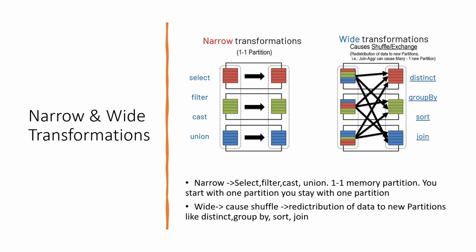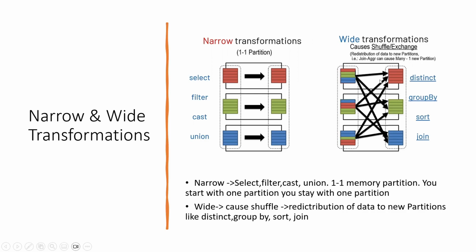For example, if you look here in the diagram, the first partition has three colors: red, green, and blue. The same with the second partition and with the third partition here. Now, if we group by color, as you can see, we will end up with a new partition which has only red color, a second partition with only the green ones, and a third partition with only the blue ones.